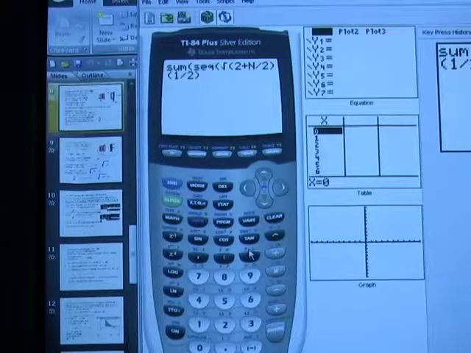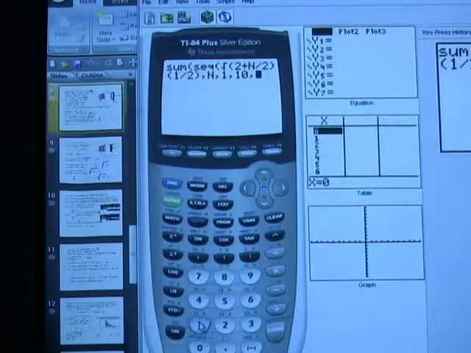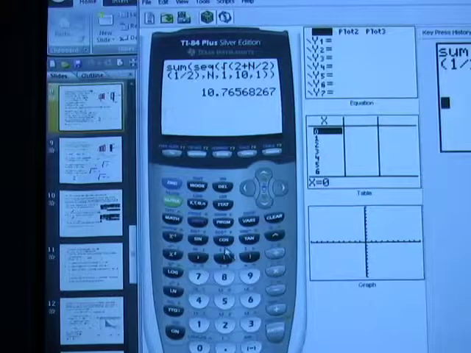Now, once you do that, you have the sequence. You've got to say comma n, that is alpha log, comma n, comma 1 to, we got 10 rectangles, so 1 to 10, in steps of 1, and end parenthesis and end parenthesis, and that gives you 10.7656.